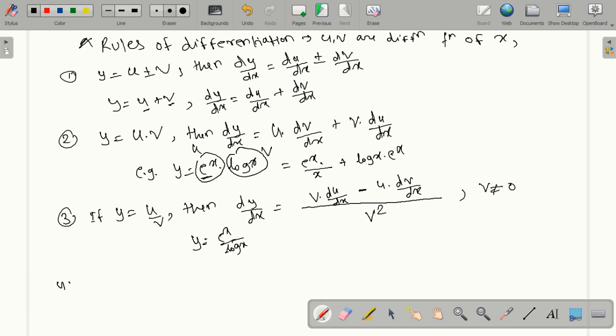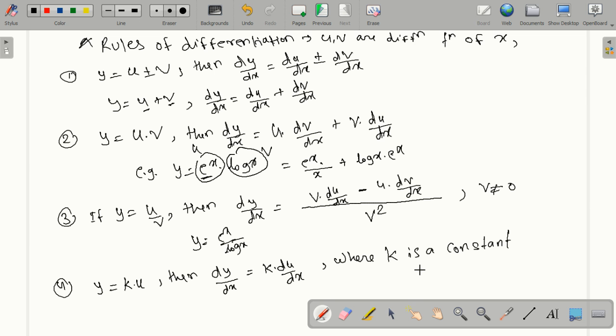The last, fourth rule is y is given as k into u, then dy by dx is given as k into du by dx, where k is a constant, right?